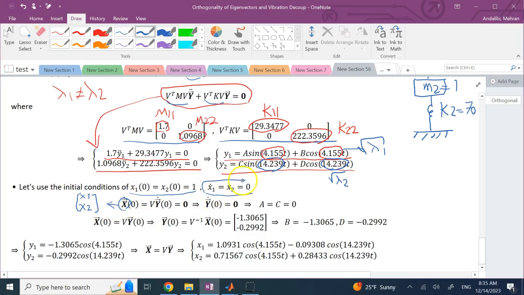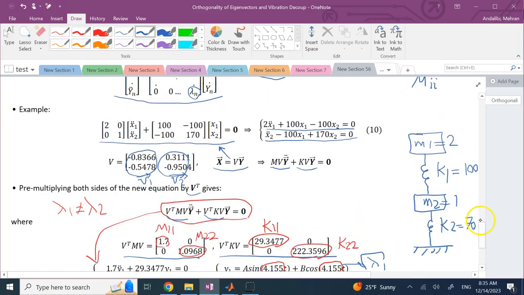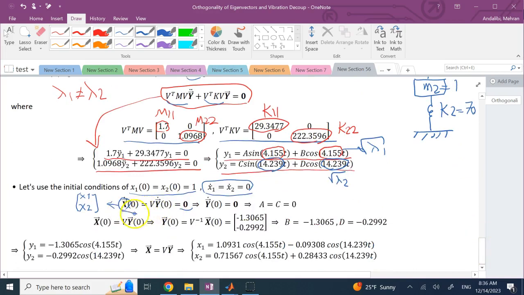So at time 0, both values are 0. And remember, x was v times y. So if you take derivative, x dot becomes v times y dot, and that's what I use down here. So x dot at 0 is v times y dot 0, and x dot at 0 is 0. V cannot be 0, so y dot at 0 is 0. That means both y1 and y2 dots are 0.